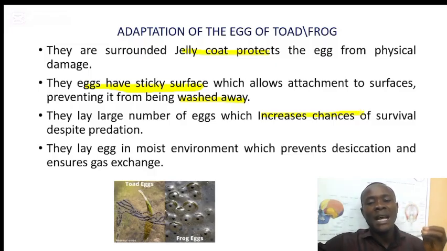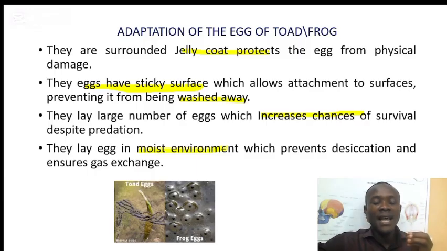So they lay large amounts of eggs because they know these eggs will be eaten by predators. So they have to lay many eggs. So when a predator comes in contact with them, it is possible that the predator will not eat all of these eggs.